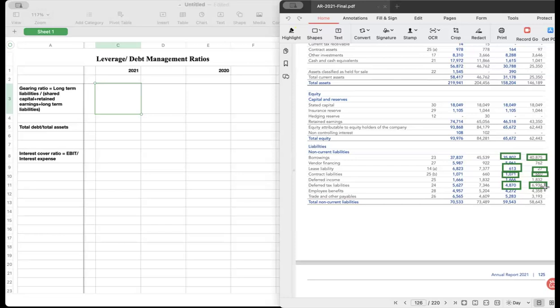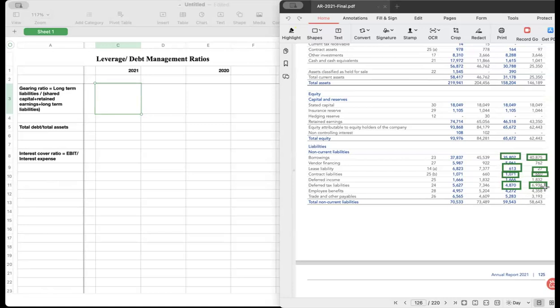Did I miss anything? No, right? Anything else? No, that's it. Lease liability. Correct. Let me do the calculation again.